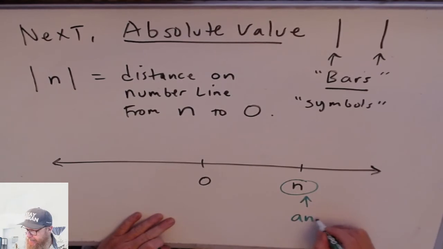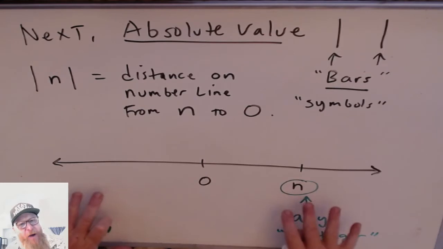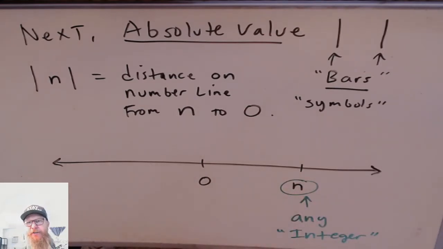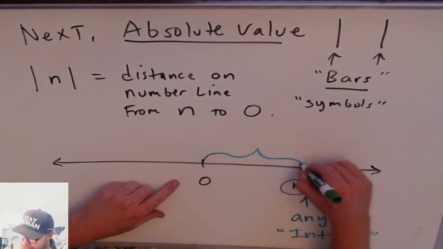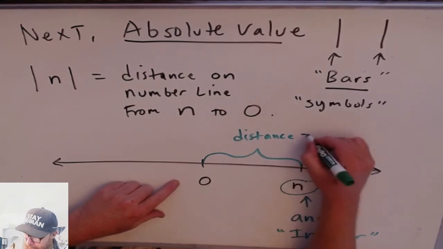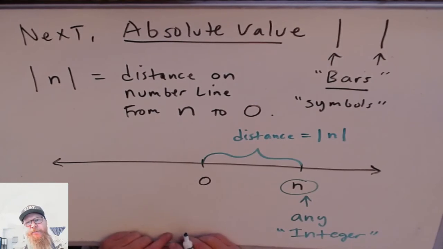You think of n as any integer. In the next chapter, we're going to expand this concept to include decimals and fractions, but in chapter 3, it'll always be an integer. And then I want to know this distance here, and that distance is the absolute value of n.